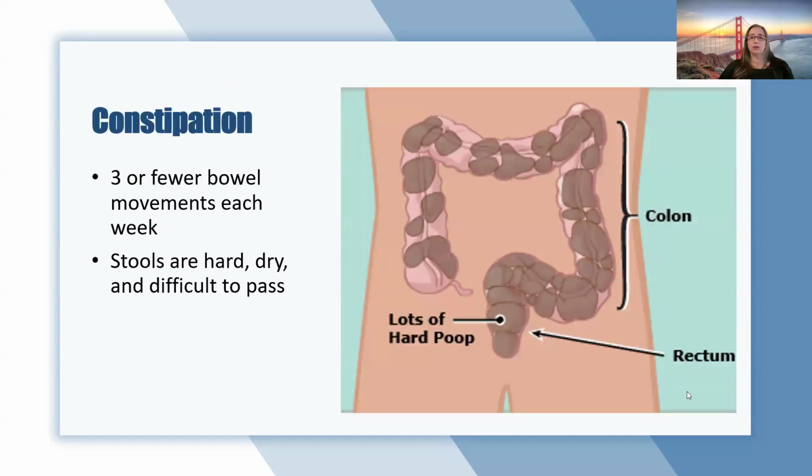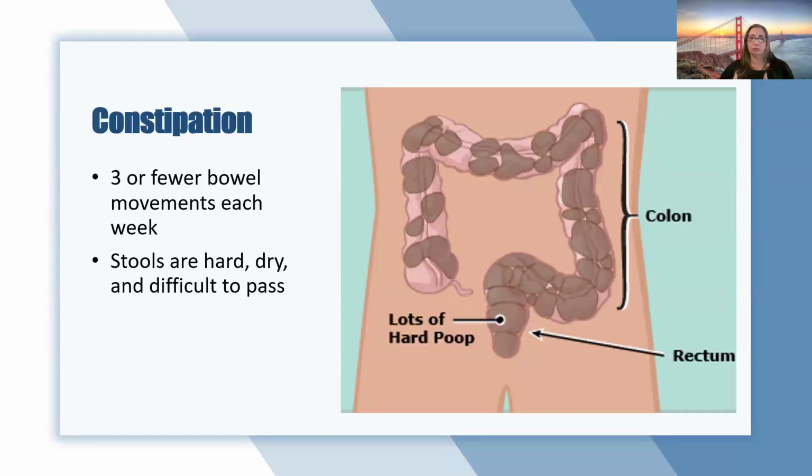So what is constipation? Well, the definition of constipation is having 3 or less bowel movements each week. But most people go to the bathroom and have a BM every 1 to 2 days.